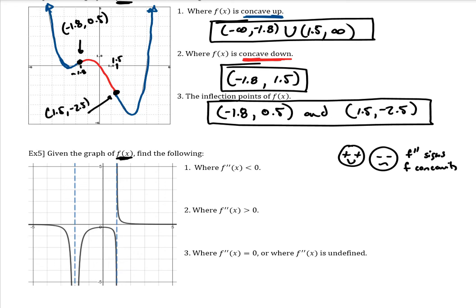So this is asking the same thing as where do you have concave down, because negative looks like a frown. So this is the same thing as looking for concave down. I'm going to keep my red going. Be careful of the order, they kind of switch the order here. Concave down looks like a frown.